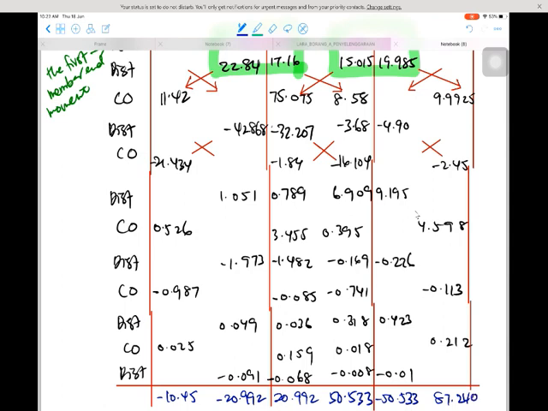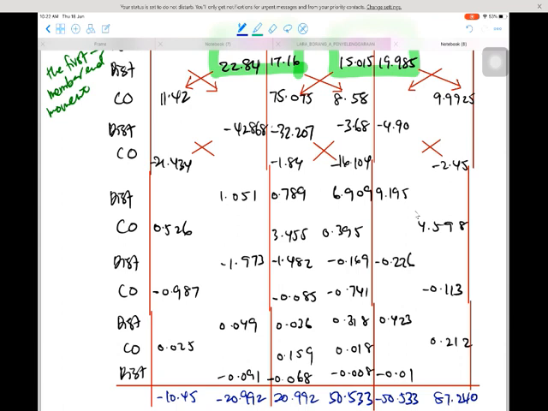As you can see on screen right now, MAB is negative 10.45, MBA is negative 20.992, MBC is positive 20.992, because the total moment at joint B must equal 0, so this is correct. MCB is positive 50.533.